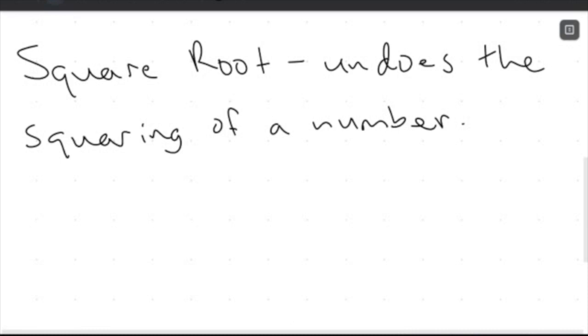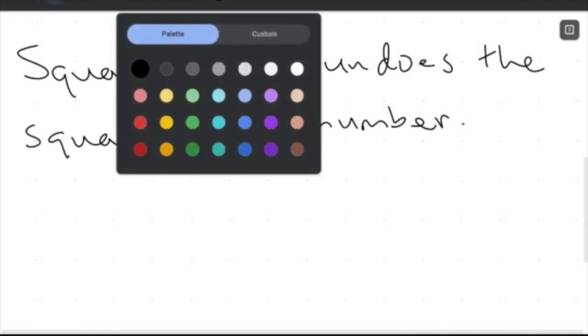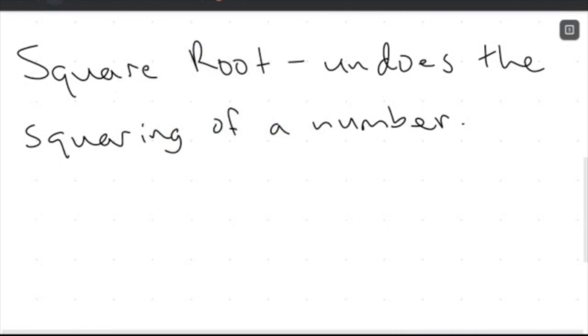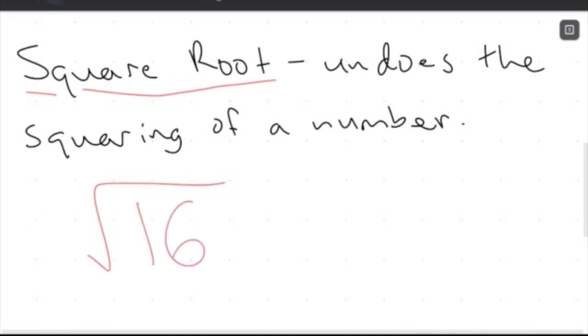So for example, we draw the square root like this. This is what we call our square root. And we just pop the number that we want to find the square root of inside here. You can think of it as a little house, and my 16 lives under the roof of this square root.